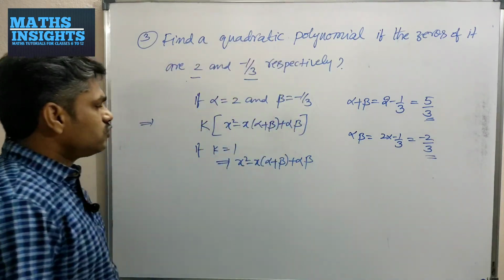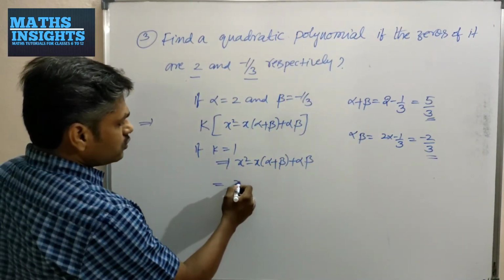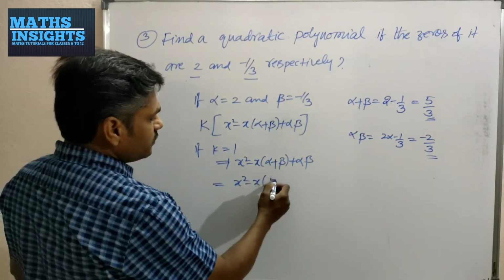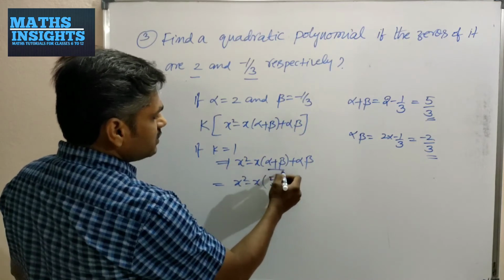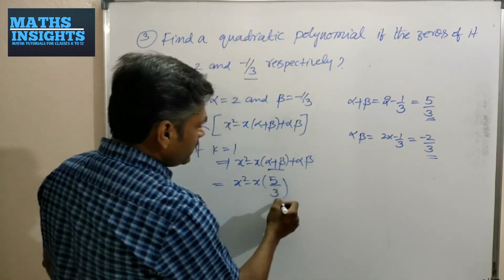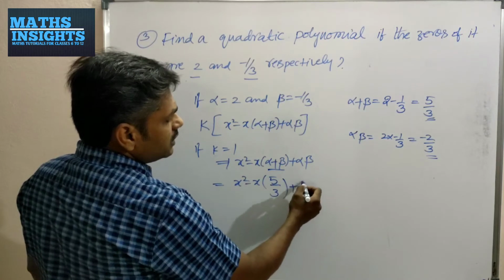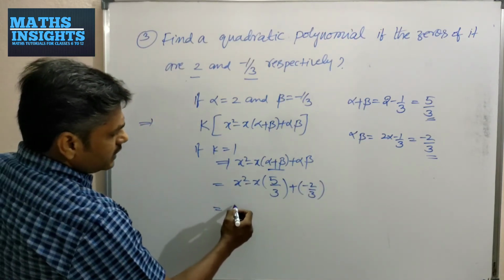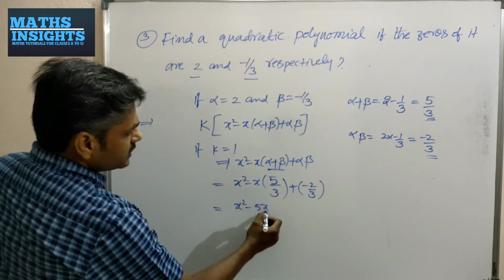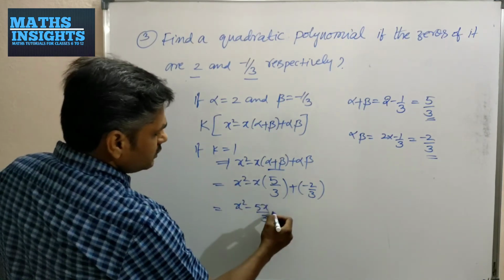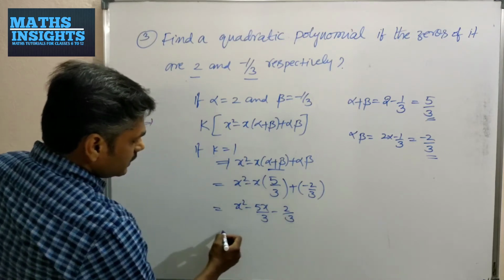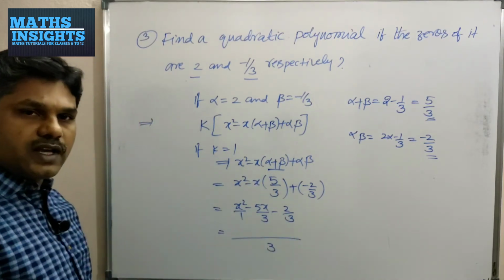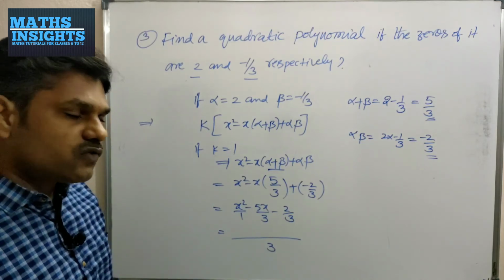By using these two values, you may substitute here. So x square minus x into the sum of the two roots, 5 by 3, plus the product, minus 2 by 3. That is x square minus 5x by 3 plus into minus, minus 2 by 3. If you take LCM 3 here, where there is nothing it should be treated as 1.